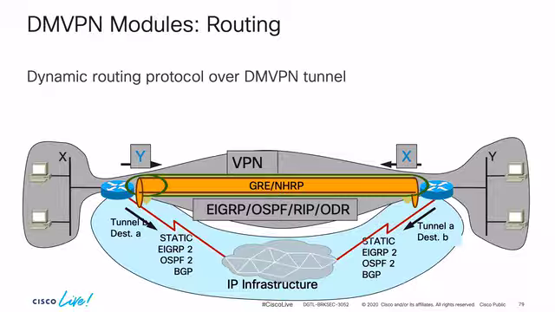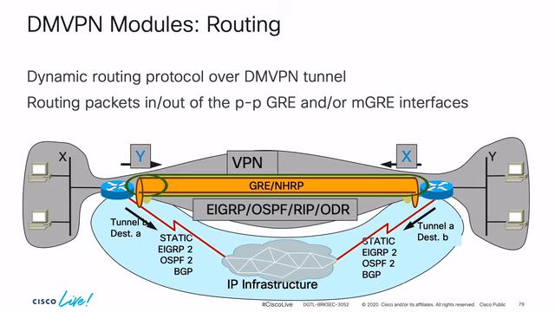What happens is the routing packets or routing updates are passed across a point-to-point GRE interface or mGRE interface. Let's look at the difference between running routing on a regular IP network and on DMVPN.